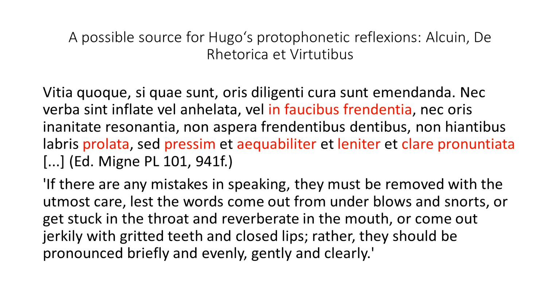According to Lähnemann, Hugo applied points from Alcuin's checklist to the various Landsprachen, according to criteria that we can no longer understand. In faucibus frendentia corresponds to würgend, prolata corresponds to schürgend, pressa pronuntiata corresponds to spaltend or zerrend.